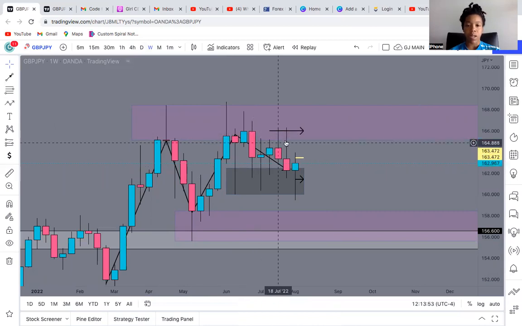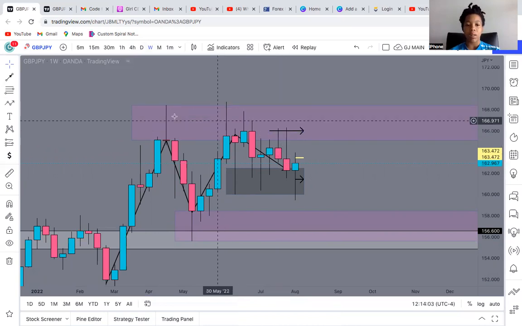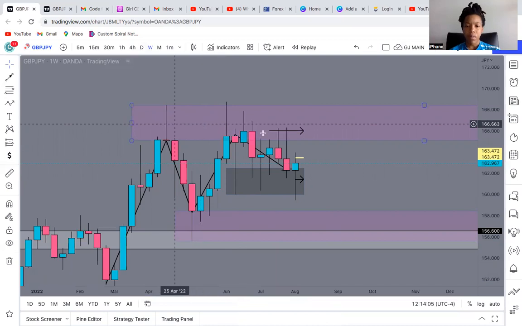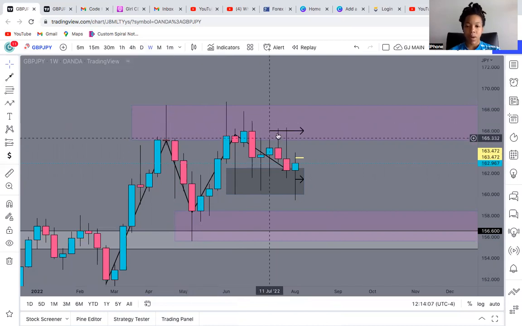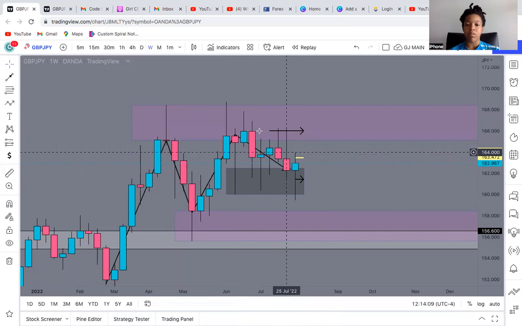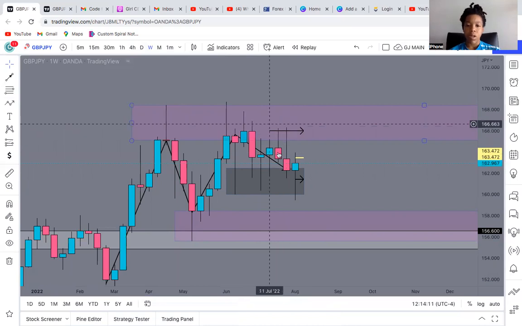Doji wicks to the upside. These wicks here are telling me that price is attempting to move bullish, right? They are trying to go ahead and move up, but we do have this strong weekly supply zone here. So as this price is attempting to push up, it's being rejected from this zone. So we did get a bearish week.